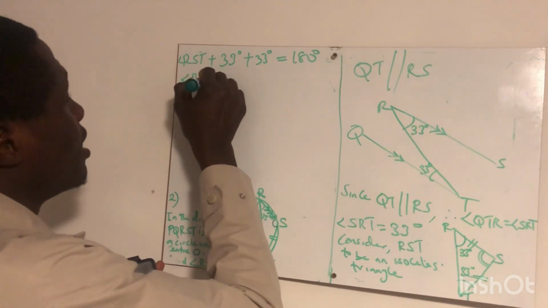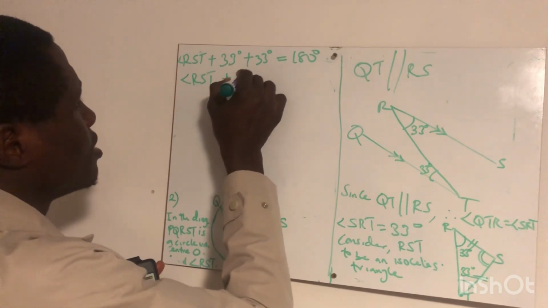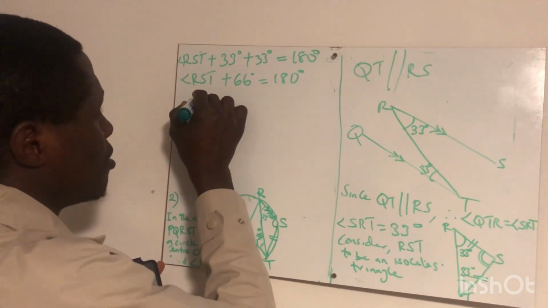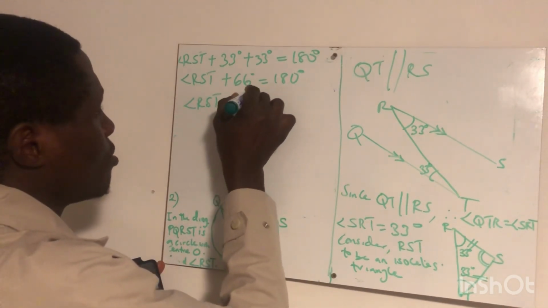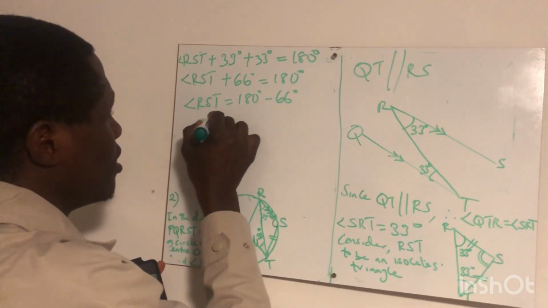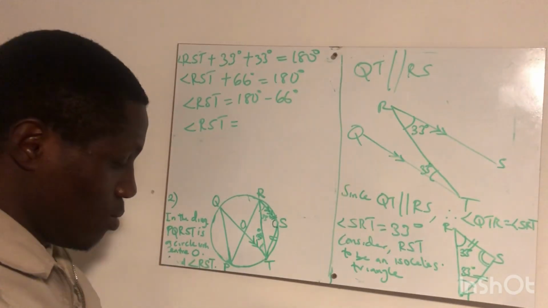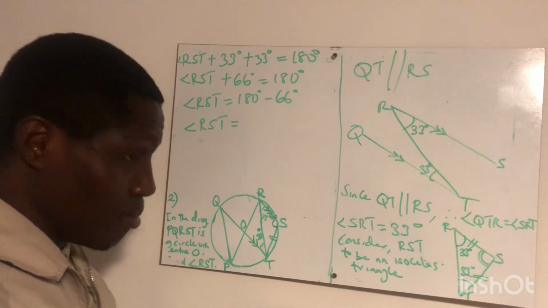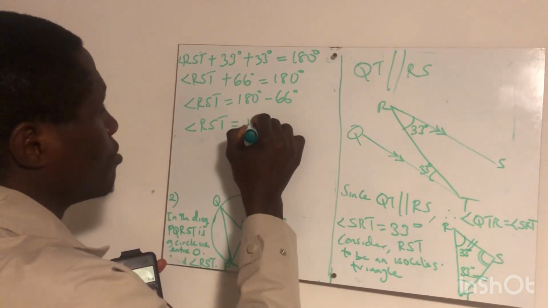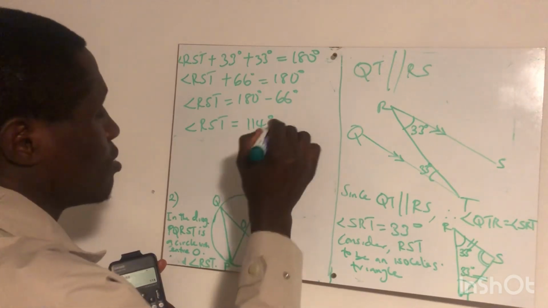Angle RST plus 66 degrees equals 180 degrees. So angle RST equals 180 minus 66, which is 114 degrees. So the answer is 114 degrees.